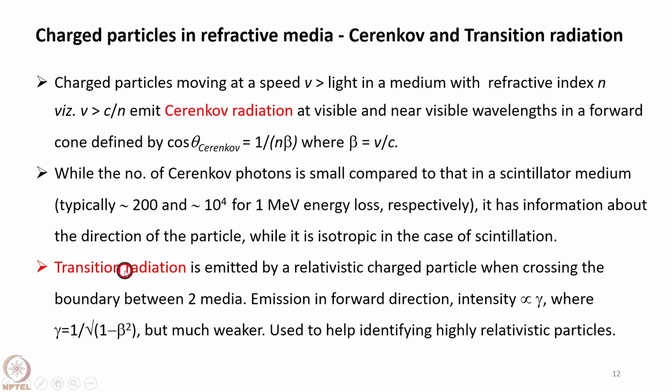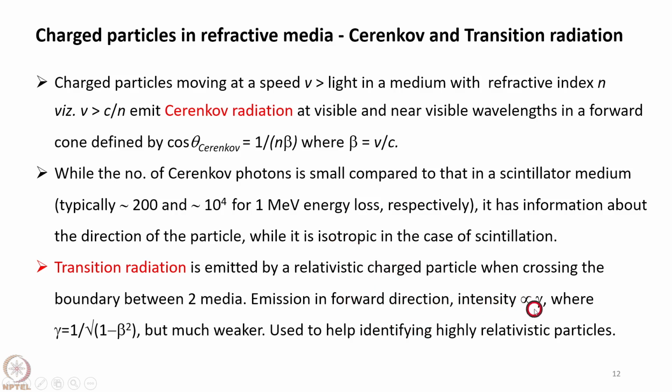Somewhat analogous to this is the so-called transition radiation. This is emitted by a highly relativistic particle when crossing the boundary between two media. If there are two media, then it travels from one dielectric medium to another dielectric medium, and there is an emission of this transition radiation.